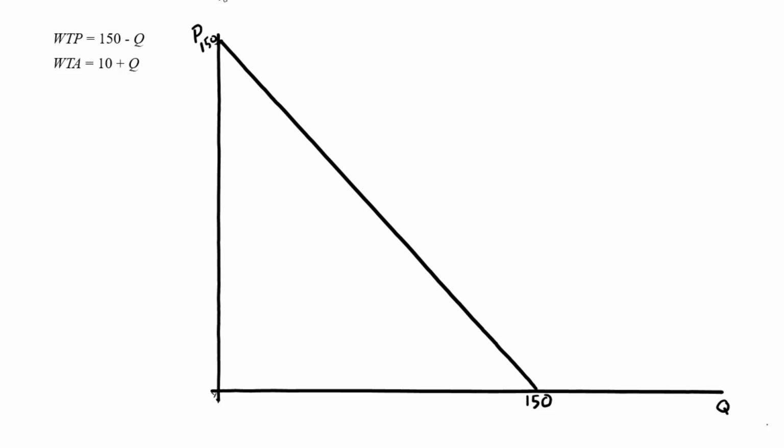We do the same thing to work through the supply curve. The supply curve has a vertical intercept of 10. No one is willing to accept less than $10 for the textbook.